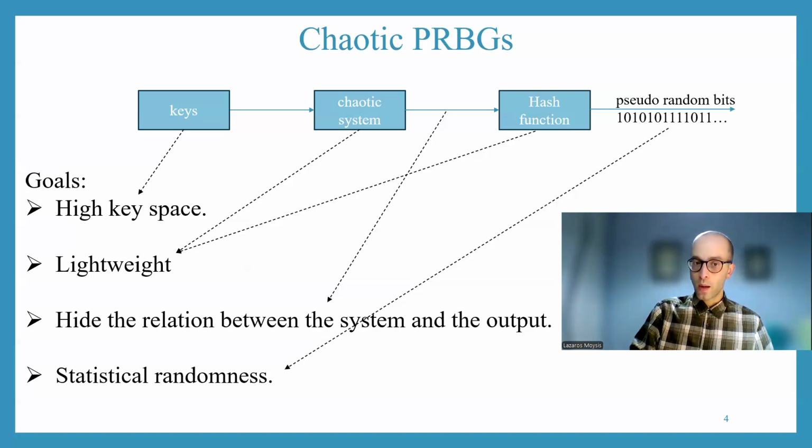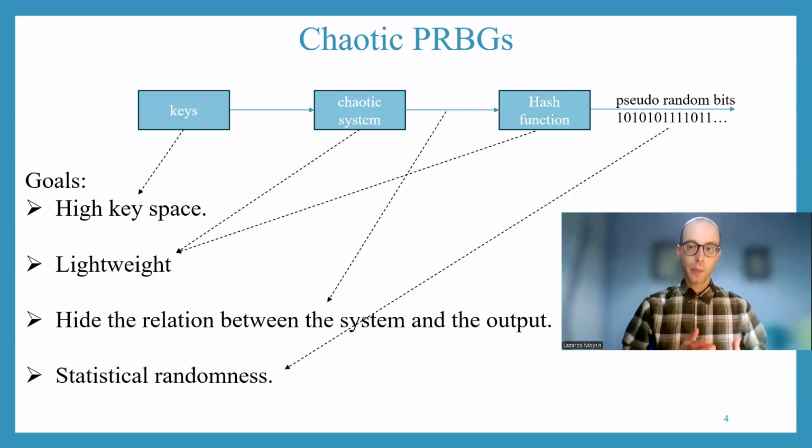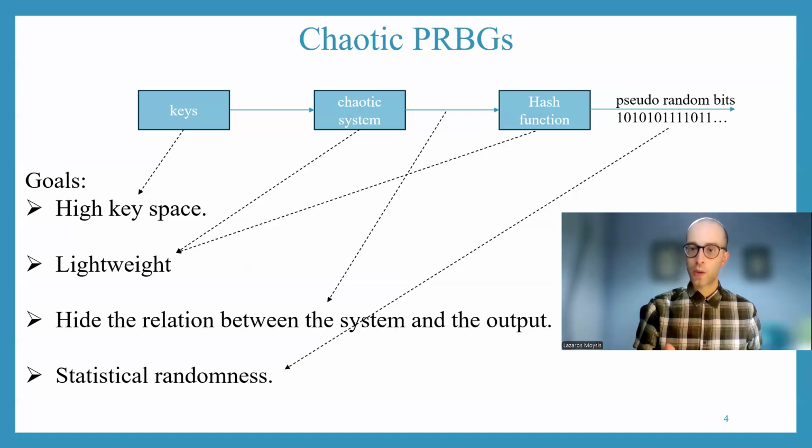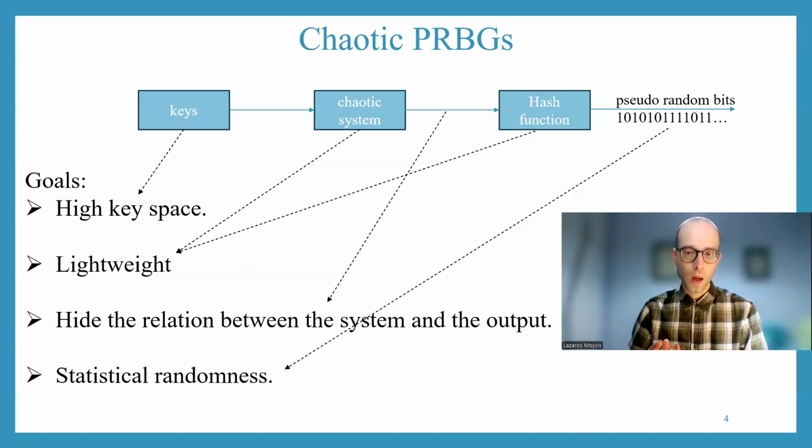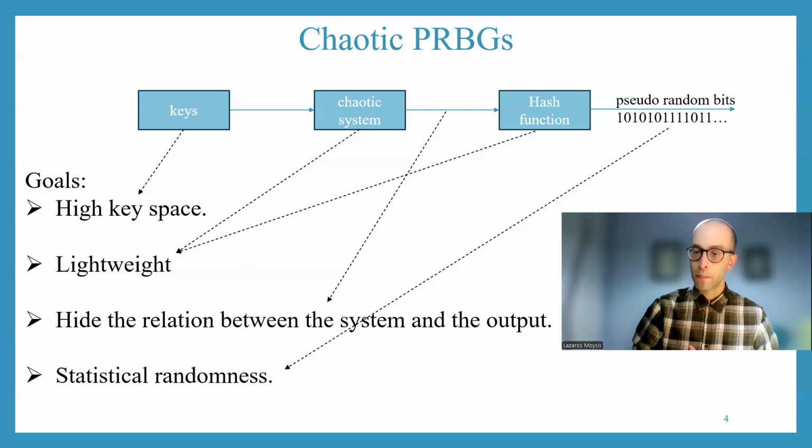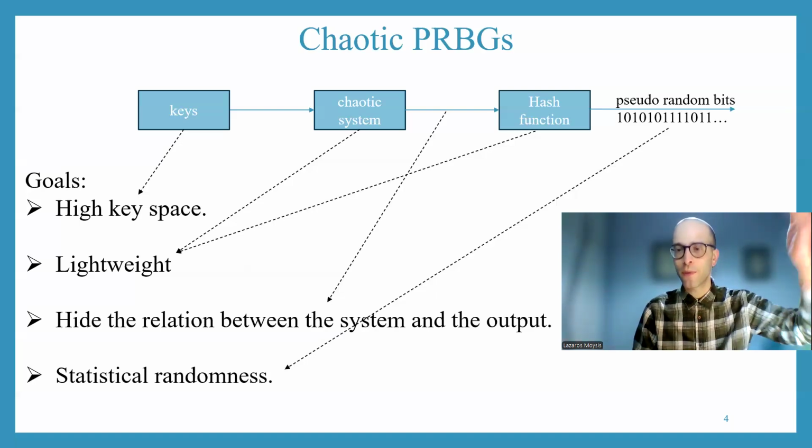Okay, so the number of possible different conditions, different solutions that we can obtain constitutes the size of the key space. Since we are using chaotic PRBGs mainly in encryption and in security in general, our key space needs to be high in order to resist the so-called brute force attacks, where someone doesn't know the keys, but simply considers a very big for loop and tries different keys sequentially until he finds the correct one.